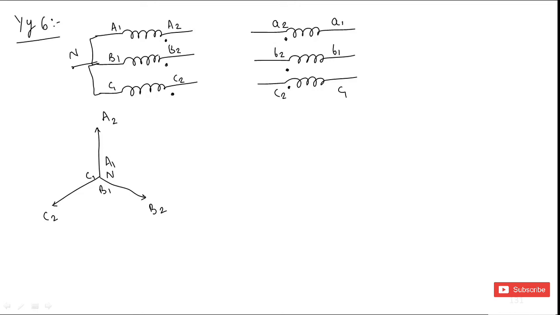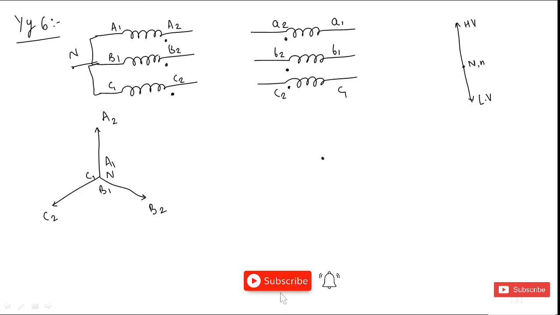Now draw the phasor diagram first for low voltage side, then make the connection. So you know high voltage phasor is here, and this is Yy6, means LV will be 180 degree out of phase.